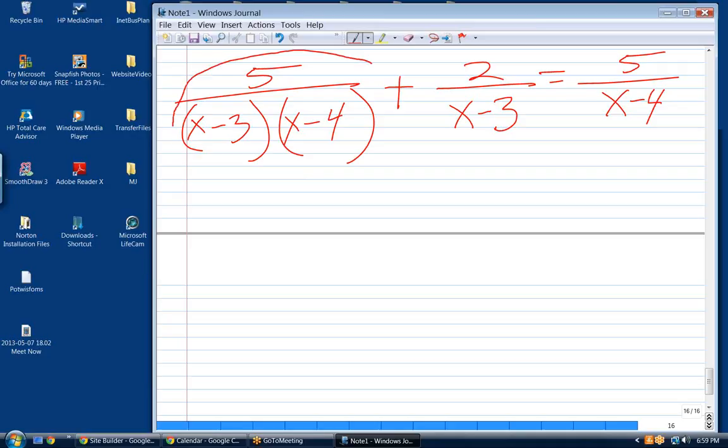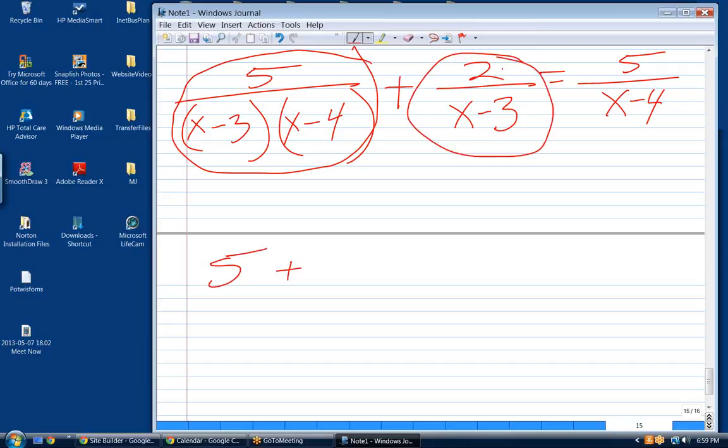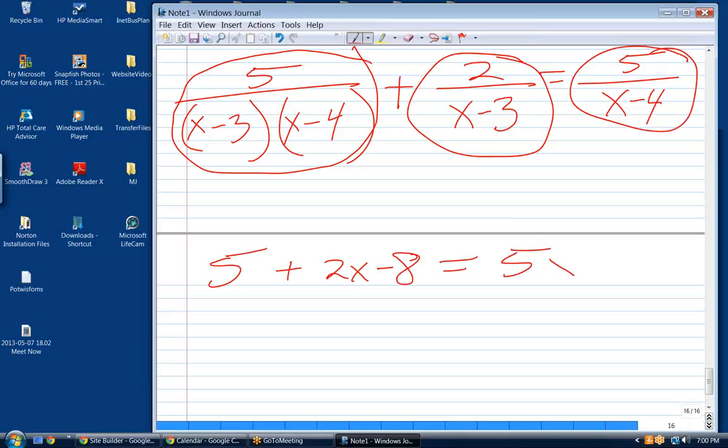So what does this term become? 5. What does this term become? 2x minus 8. And what does this term become? 5x minus 15. Now isn't it a much easier problem now? Gather all your variables on the left, all your numbers on the right.